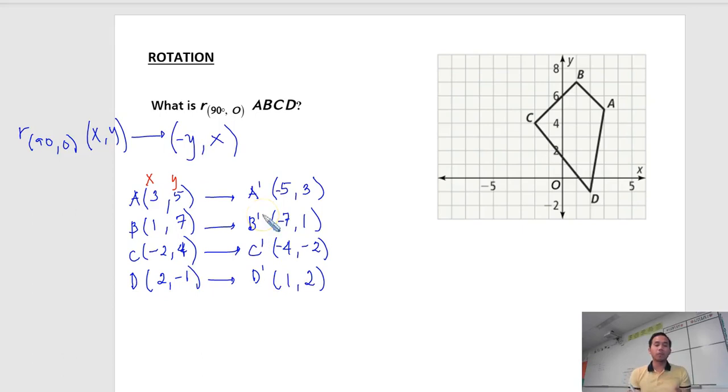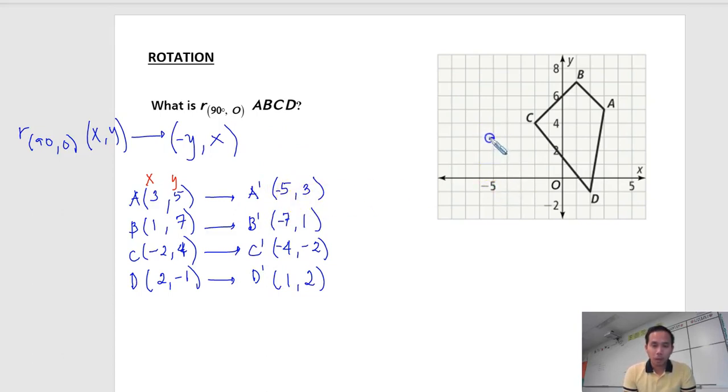So we have now your A prime, B prime, C prime, and your D prime. So let's get started. And again, we just applied the rule. We switch places. Your x will now become the new y, and your y will become your new x, and it's the opposite. So I'm going to graph these points. So negative 5, 3, negative 5, 1, 2, 3.